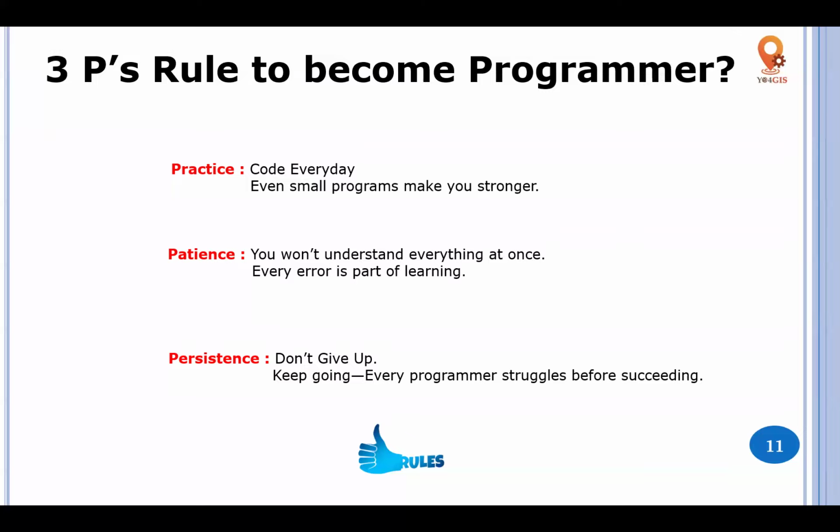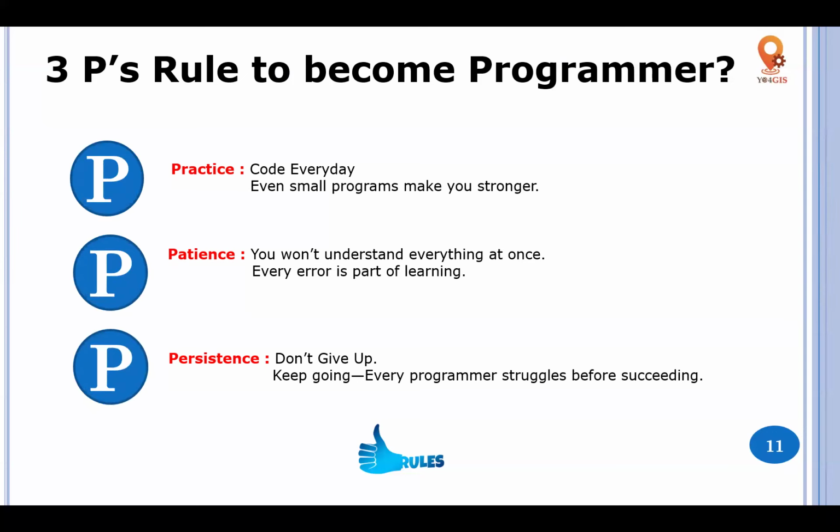So this is the third P of our rules: persistence. Don't give up. Keep going. Every programmer struggles before succeeding. You have to persist in development. So these are the three P's rule that everyone has to understand and follow.